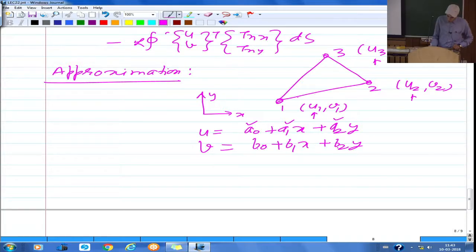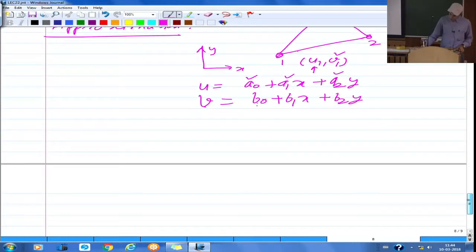Similarly, b0, b1, b2 define v, the displacement along the y direction. Corresponding to v we have v1, v2, v3, again 3 degrees of freedom within the element, and these 3 constants b0, b1, b2 can be uniquely expressed in terms of v1, v2 and v3.